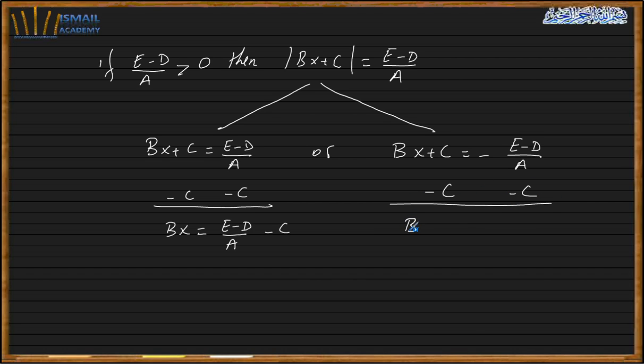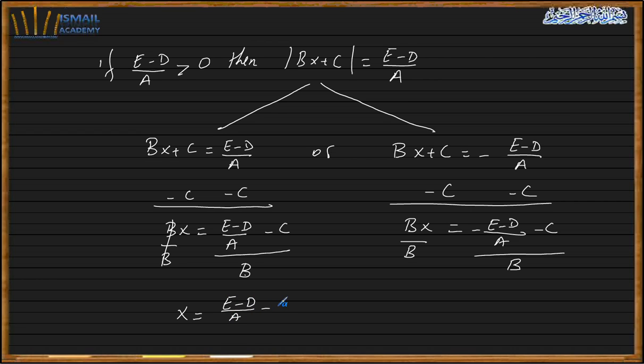Then we divide both sides by b. So my final answer will be x equals E minus D over A minus c, the whole thing over b, or x equals minus E minus D over A minus c, the whole thing over b.